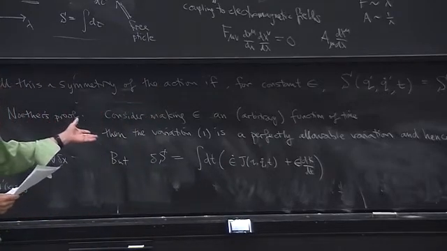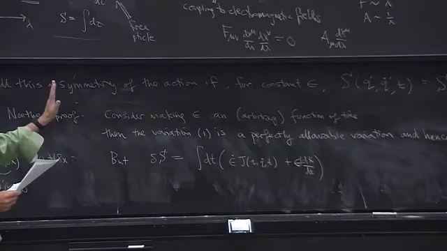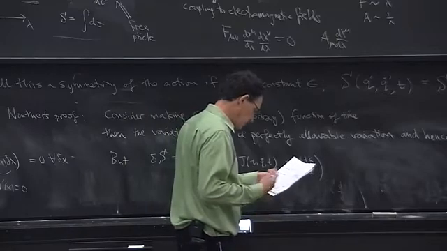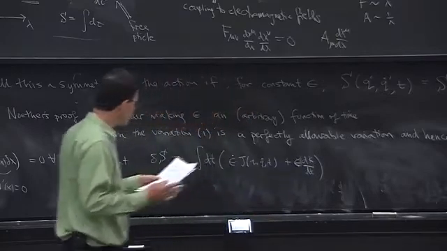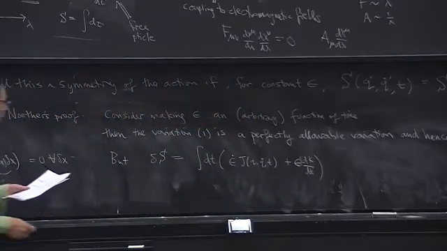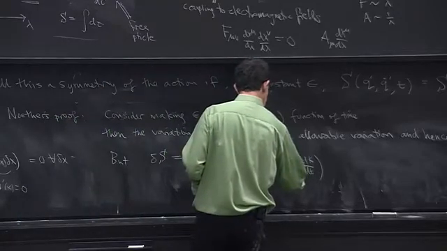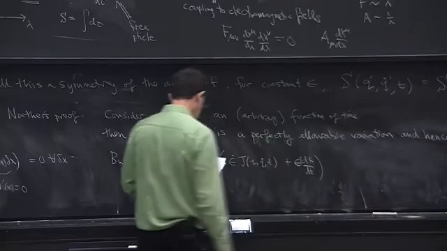Okay, so this is all you could get, basically. So that's our argument. It's the only possibilities for what you could get if you allow epsilon to be a function of t, and if you assume the action had a symmetry. So the epsilon here is a function of t.